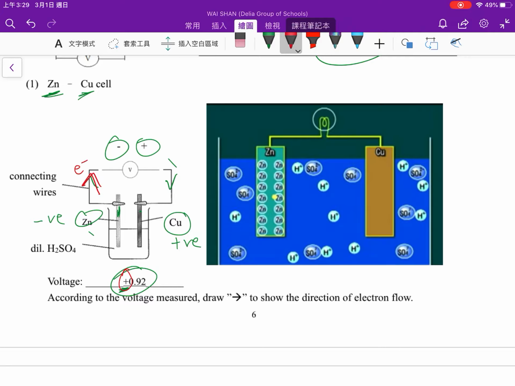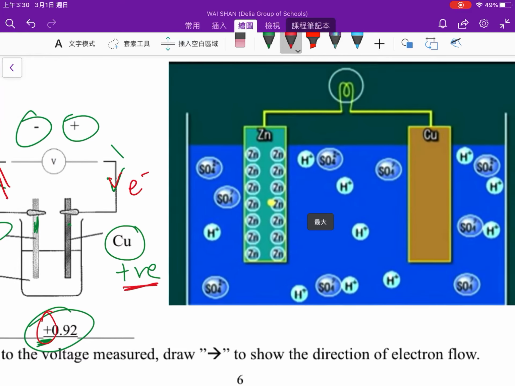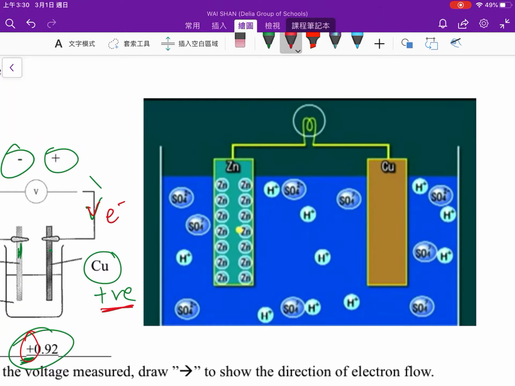So the electrons come out from the zinc and go back to copper, because zinc is the negative electrode and copper is the positive electrode. Okay, so we know that the electron is coming out from zinc. So what happens on zinc? We can look into this diagram.